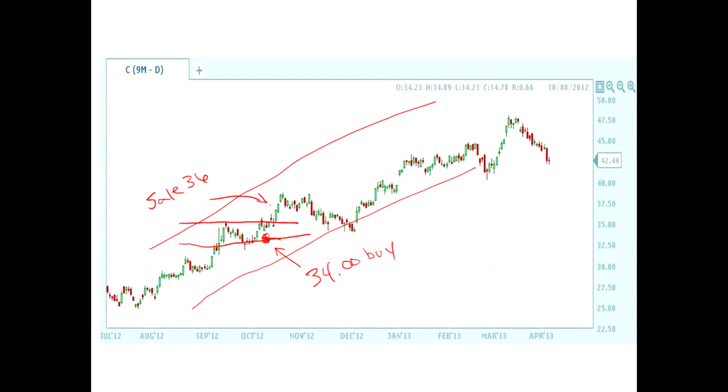Let's put it in around, let's say right there. I know I'm off on my alignments and everything, but I hope you get the point. 33.70. So now we have our order in to buy. We're selling up here at 36, and we're protecting ourselves, which is 33.70. Okay, so now we're good.